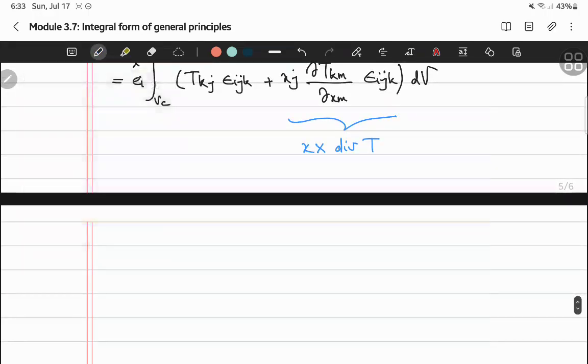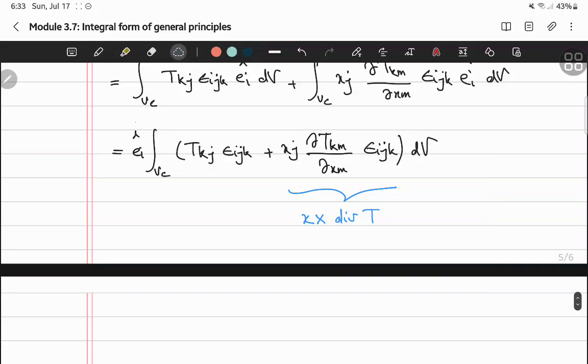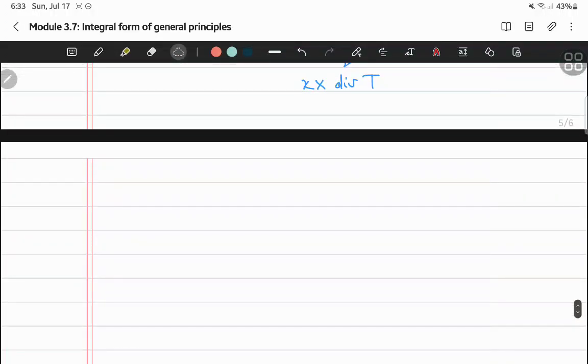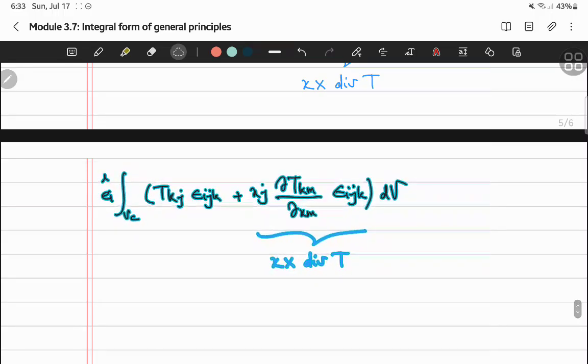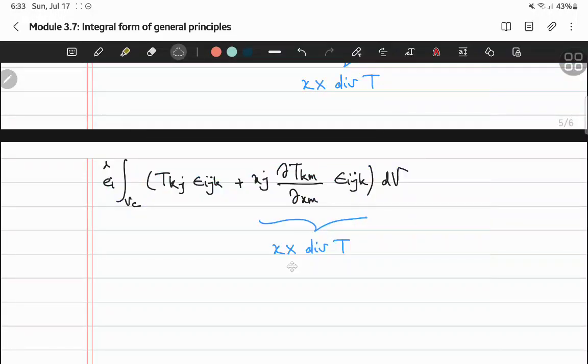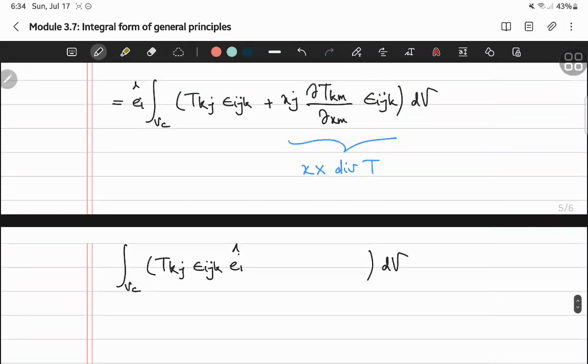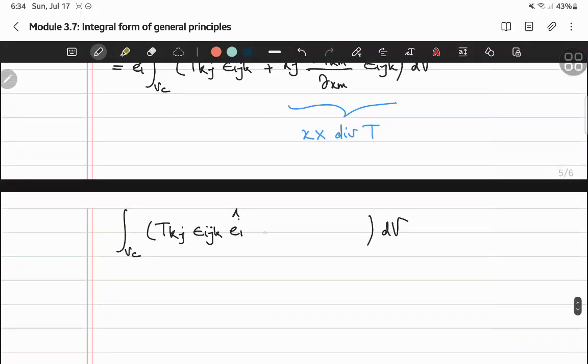So I can copy this in here and write this, so this e_i only goes to this one, sorry, because it is already included in this equation here, plus x cross divergence of t.